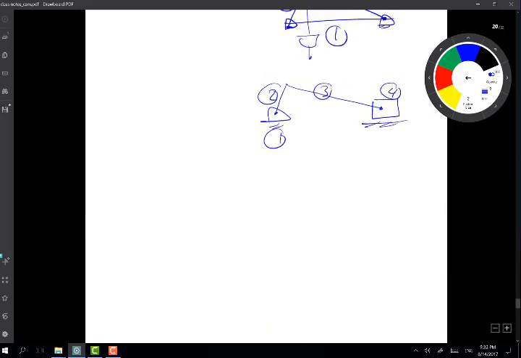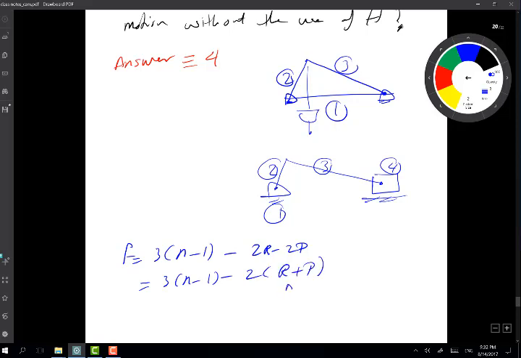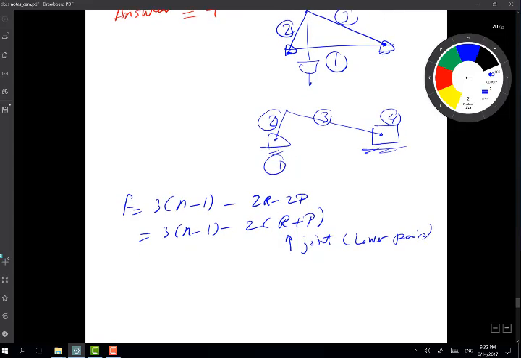Okay, so you'll find that usually the equation is like that. In space it's 6, in the plane it's 3(n - 1) - 2r - p, and I'm going to say F = 3(n - 1) - 2(r + p) and call them joints, like lower pairs if you like, because they have the same effect.